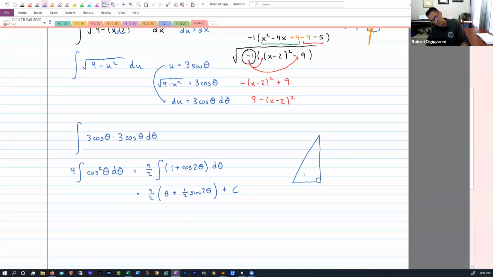And my triangle is going to be based upon my original trig sub, which was this. Be careful because we have u here, not x, right? So I have u is equal to 3 sine theta, and that means u over 3 is sine theta. And since sine is opposite over hypotenuse, I put u here, 3 here, and then I can solve for this side, the square root of 9 minus u squared.